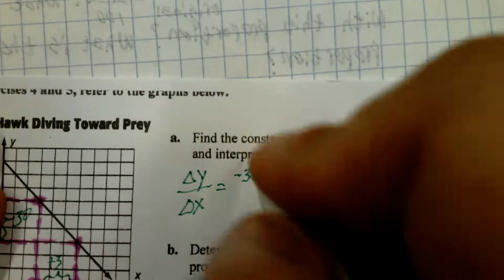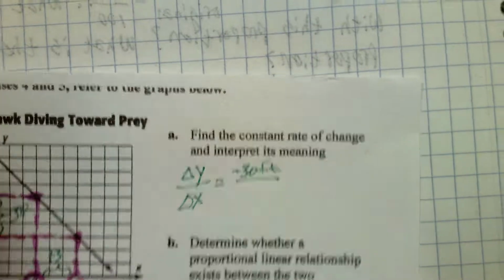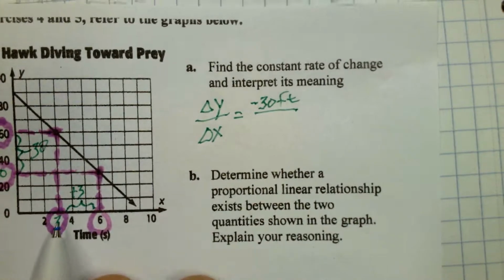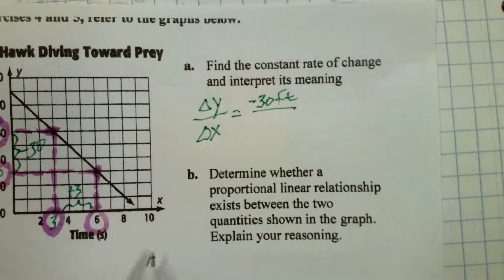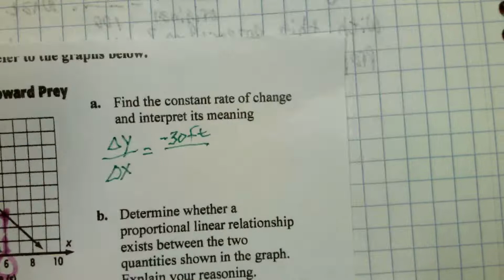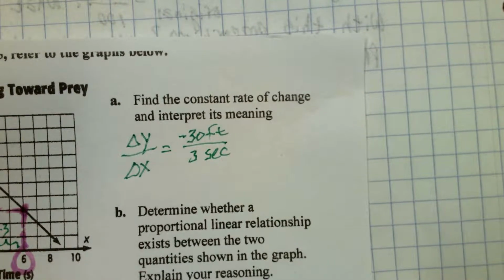Feet. Minus 30 feet. Okay? And the change in x, we went from 3 to 6, we said was 3. And what are the units we're using there? Seconds. So that's in 3 seconds. So the hawk is going down 30 feet every 3 seconds.